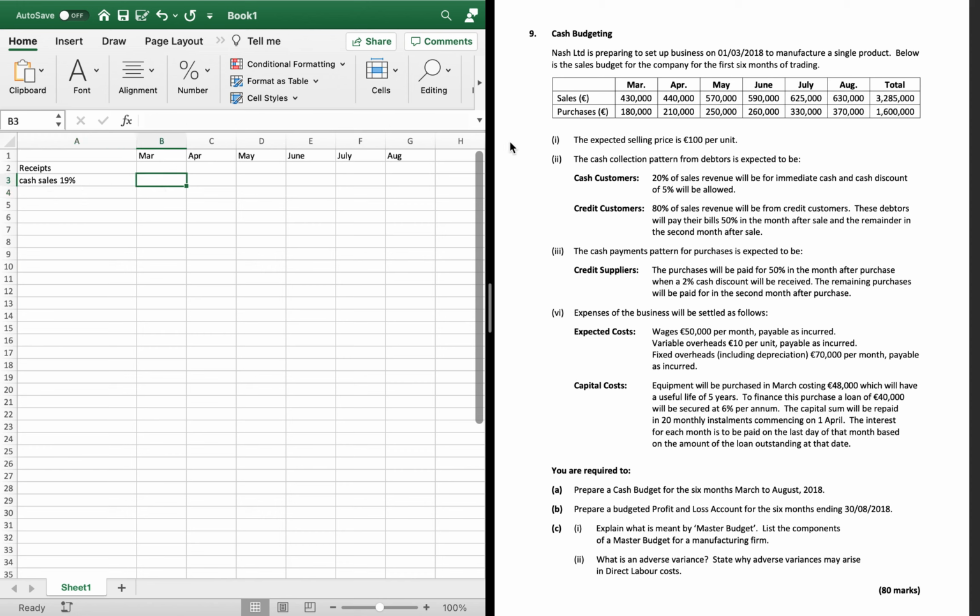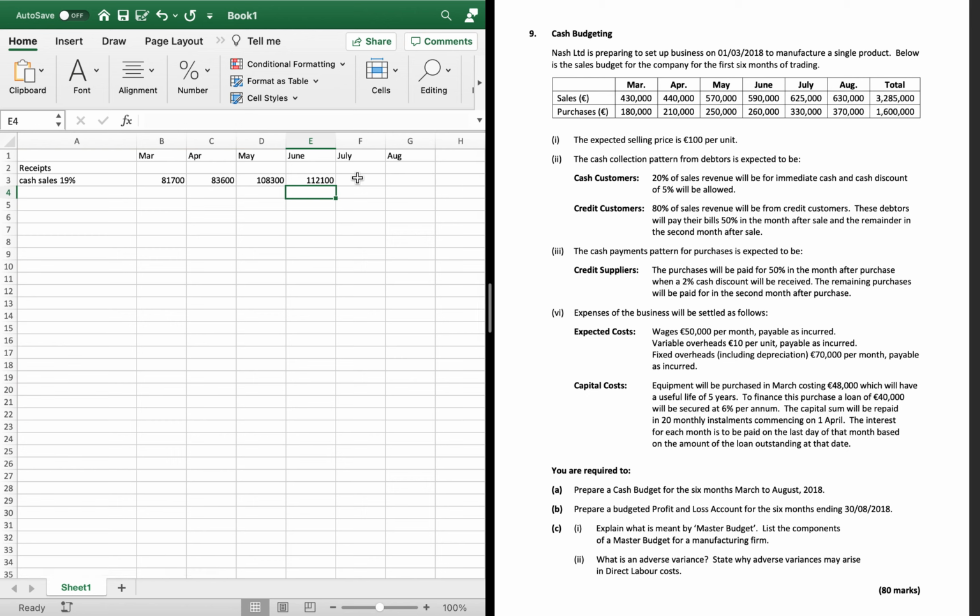So I've got my cash sales. They're 430. So 19% of that, obviously they're cash sales, so they're in the same month, is 81.7. Then 19% of 440 is 83.6, then 570 is 108.3, then 19% of 590 is 112.1.